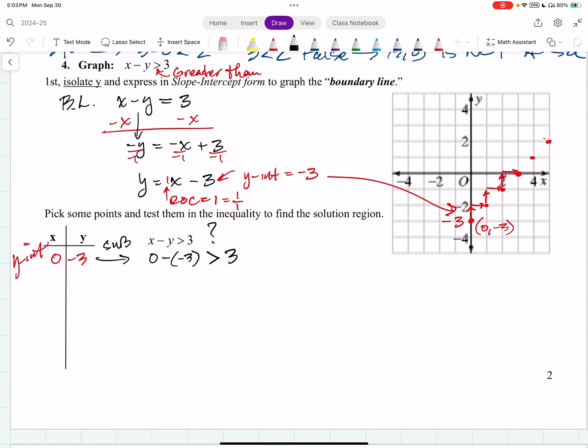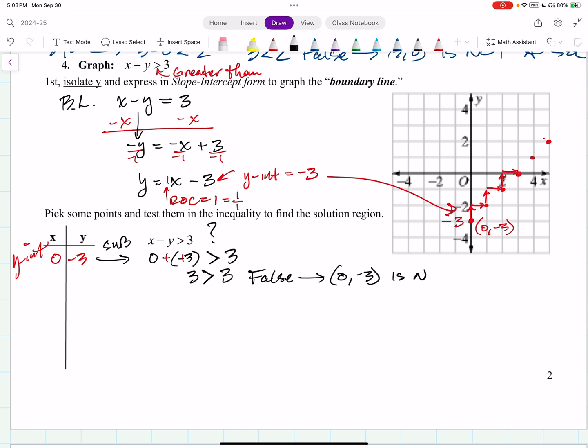And if you said no, you're correct because you have to add the opposite here. 3 is not greater than 3. So that's false, okay? 3 is equal to 3, not greater than 3. So that's false. And that tells you that your test point, these are called test points. If I say pick a point to test, they're called test points.